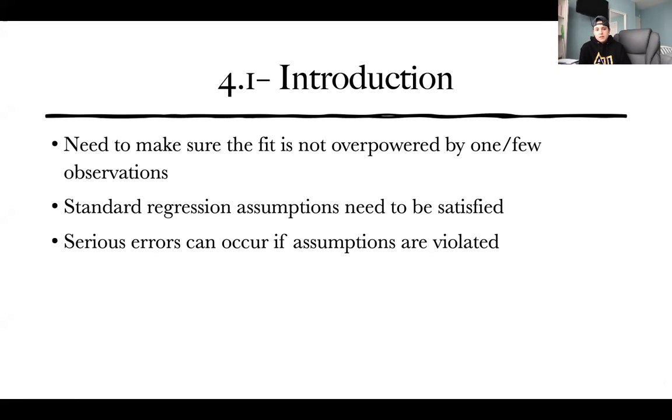Distribution theory, confidence intervals, and hypothesis tests are only valid if the standard regression assumptions are satisfied. We will discuss these assumptions momentarily, and serious errors can occur if the assumptions are violated.